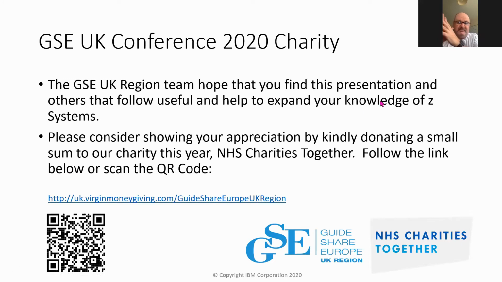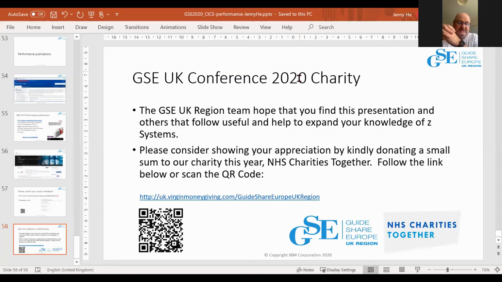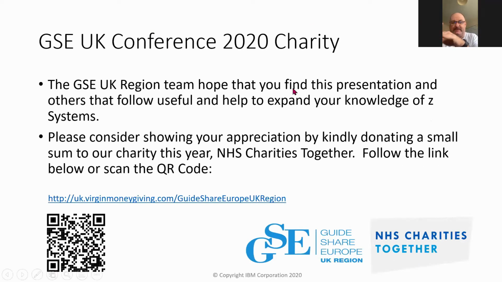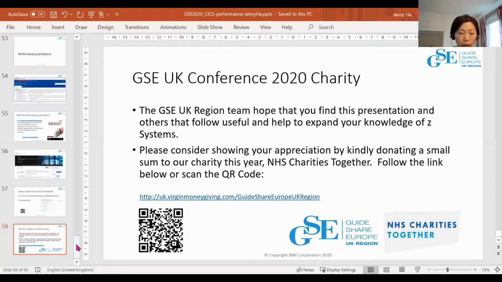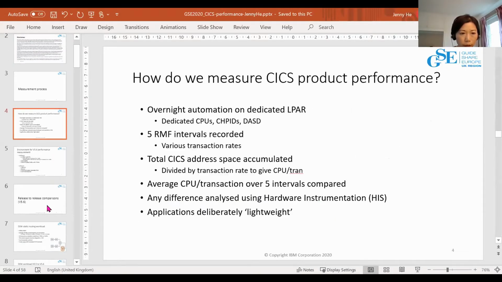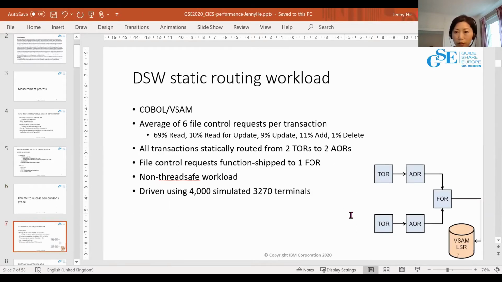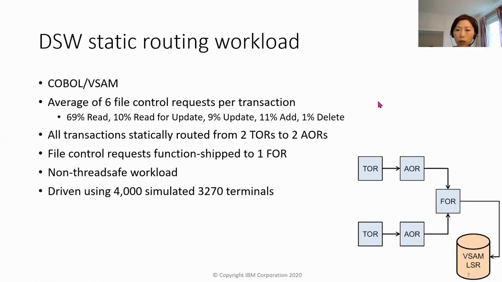Do you do performance testing using a standalone CICS region instead of the TOR, AOR or FOR setup? It really depends on the scenario we want to test. For the first one, the static routing, if I move my slides to the first one, we have this release to release comparison here. For this one, we have a setup from TOR to AOR to FOR, so that is not a standalone region.